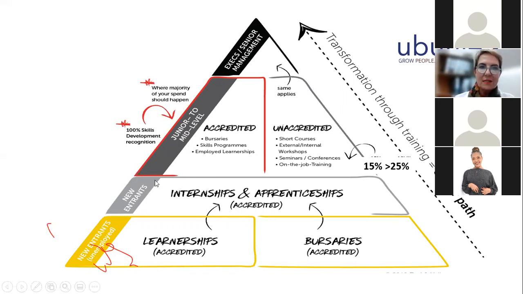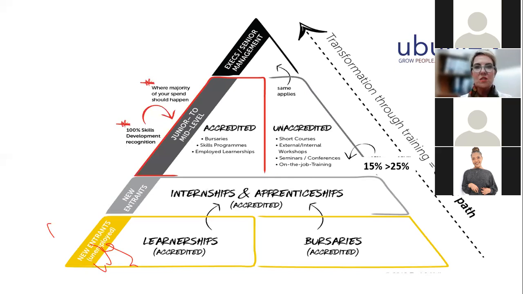Then if we look at the junior to mid-level, these are your employees that are employed already. And what we say in the accredited field, let's make bursary opportunities available, skills programs, and even employed learnerships. And then unaccredited programs could be short courses.